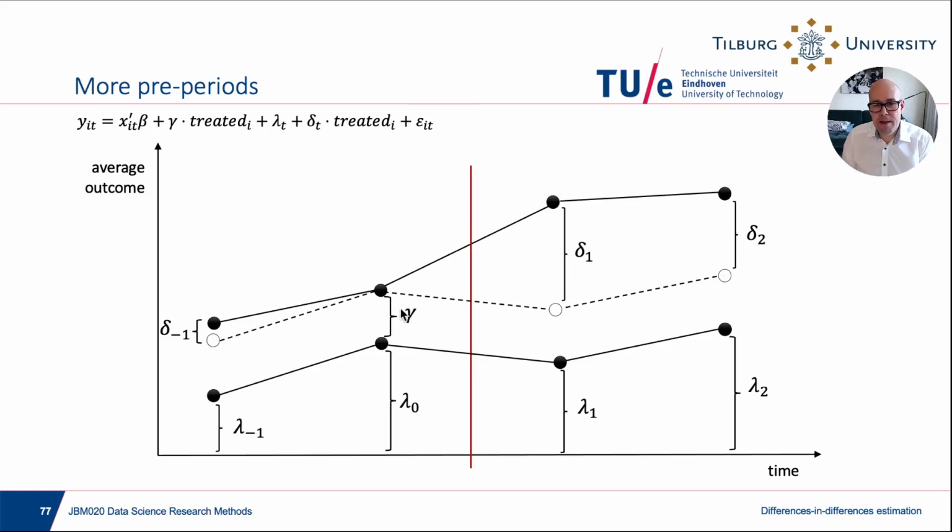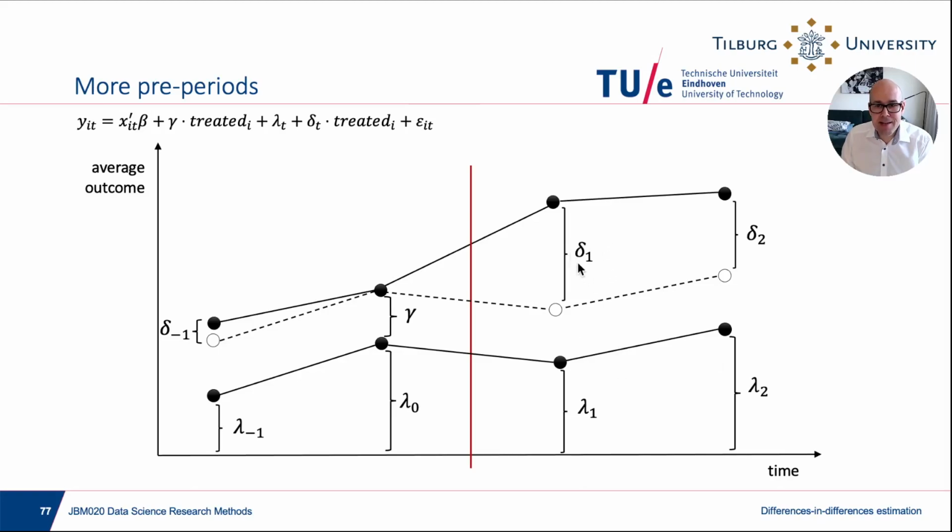Okay, so again, gamma as before, that's our level difference in the outcome between the treatment and the control group. This is what we called selection bias before. So here we just estimate how big it is, so we don't have to worry about it actually.